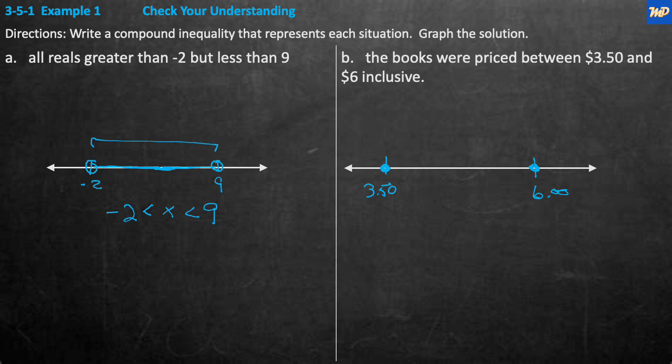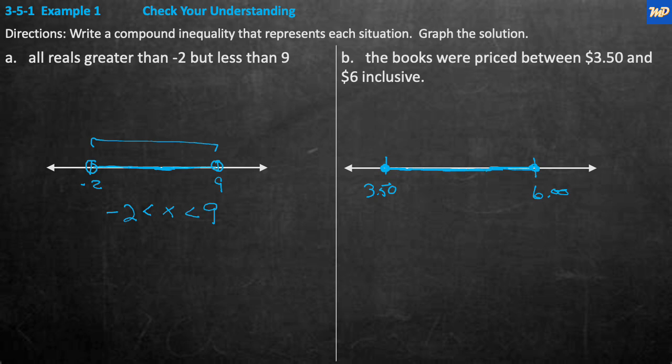And then we need to know that the $3.50 is at the bottom side, so it's here and it's below. So now it's between, so that means we're below the $6, and they're above the $3.50. So it means all the books fit on this line. Any price you can come up with between $3.50 and $6 can be found on that line.